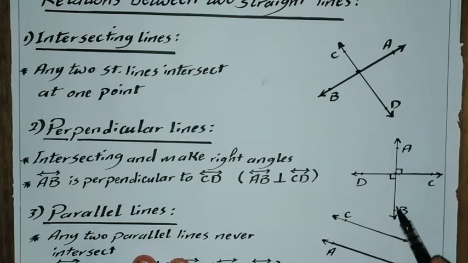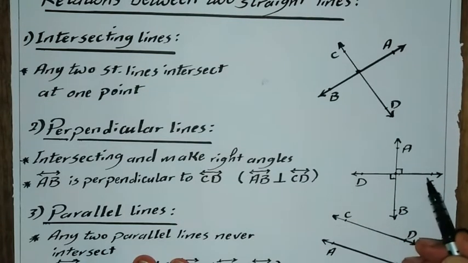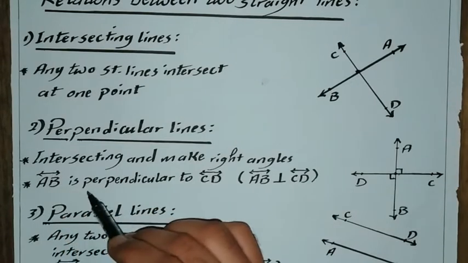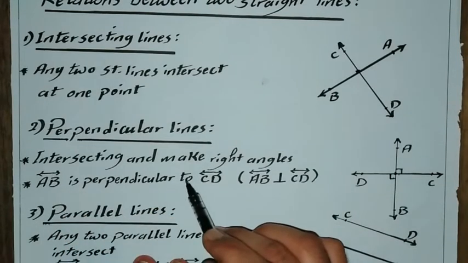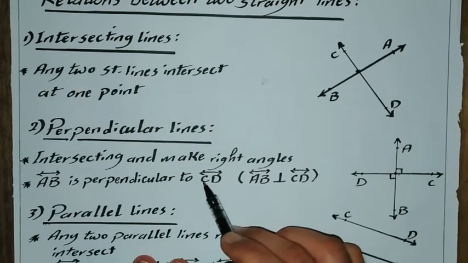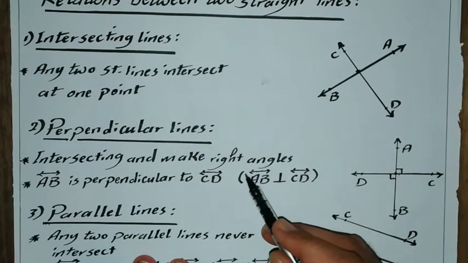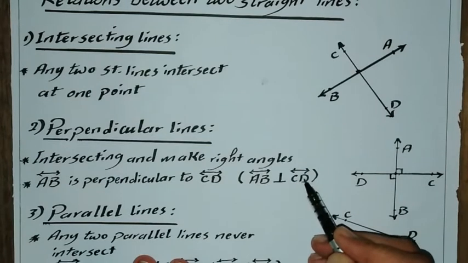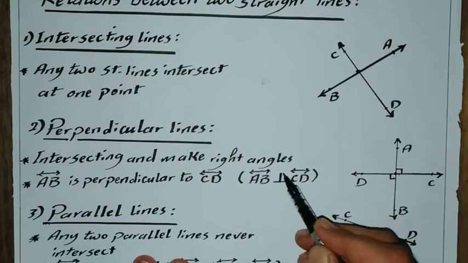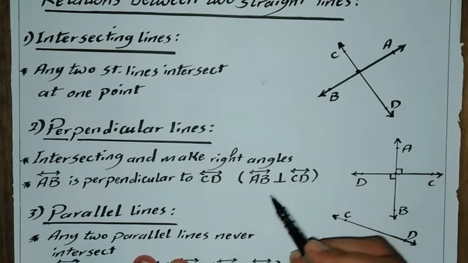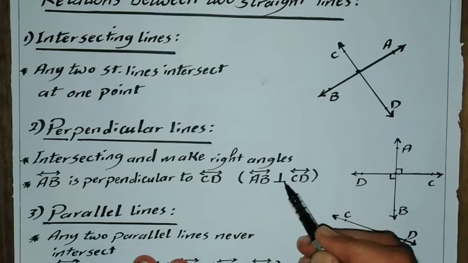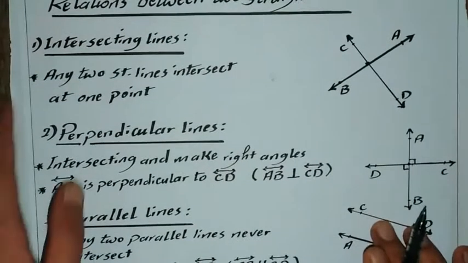Straight line AB is perpendicular to straight line CD. This sign means perpendicular, like this.